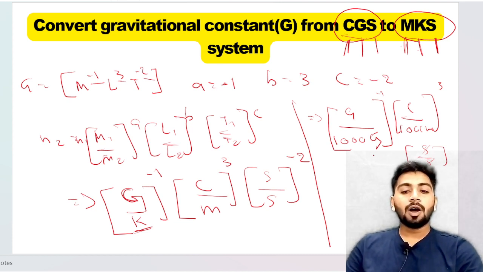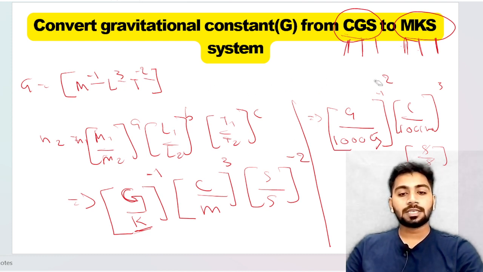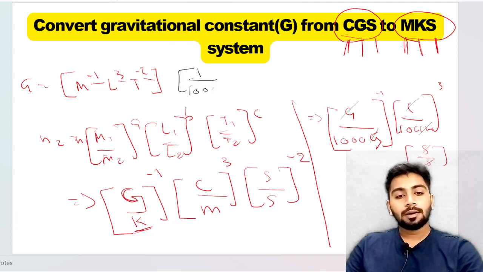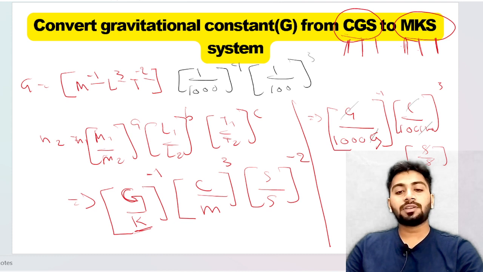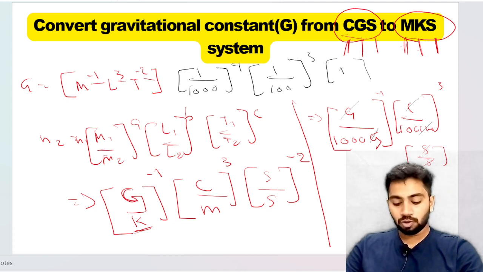Okay. Now let us convert this one and see what will come. This cm cancels. Now remaining is 1 by 1000 to the power of minus 1, and 1 by 100 to the power of 3, and 1 to the power of minus 2.